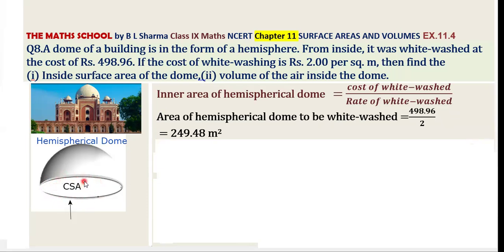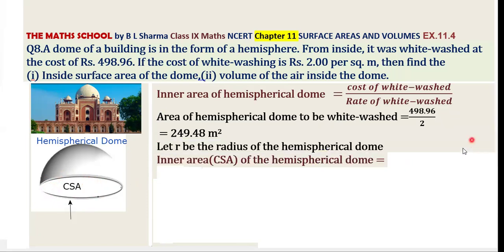And curved surface area of a hemisphere is given by 2 pi r square. So 2 pi r square is 249.48.